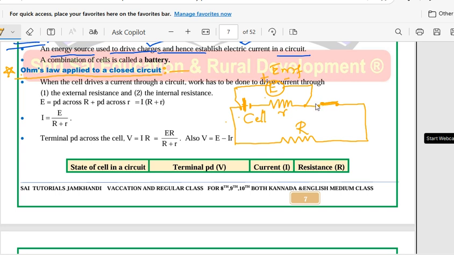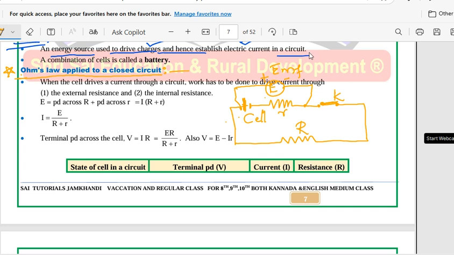When the key is open, no current is drawn from the cell. So the voltmeter connected across the cell gives the value of EMF E, since no current is drawn from the cell.